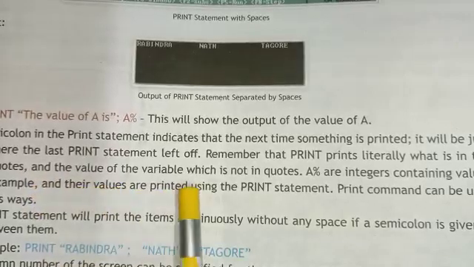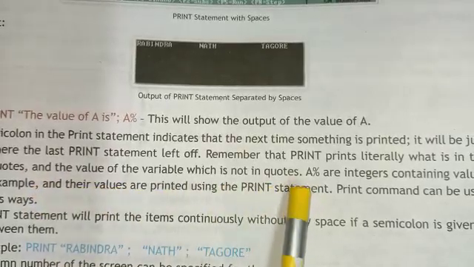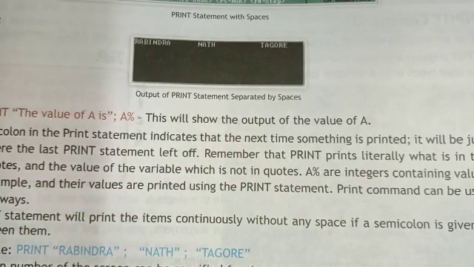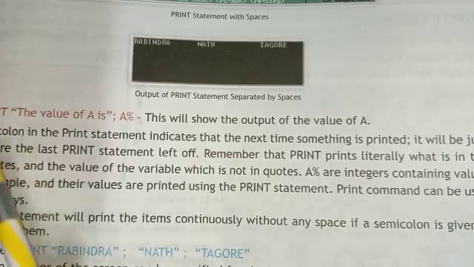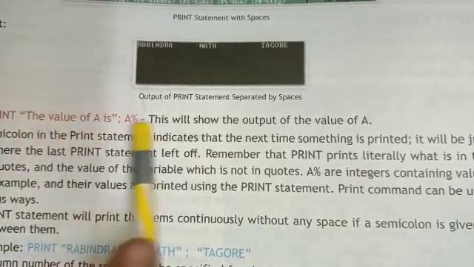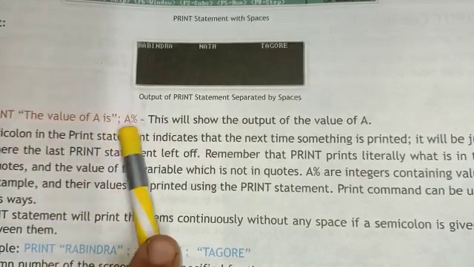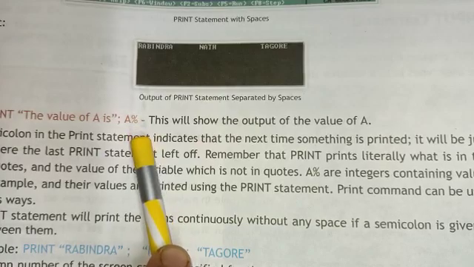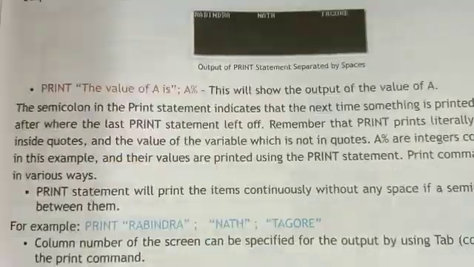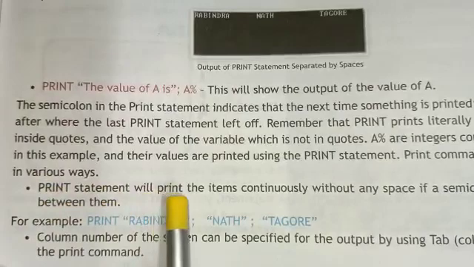And it will also print the value of a variable which is not inside quotes. As per this example, this is a variable. It is not given inside quotes, but the print statement will also print it.